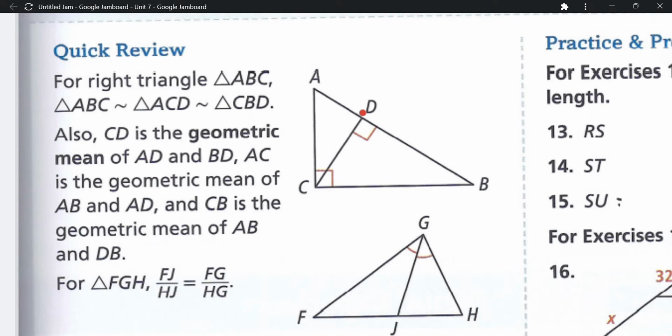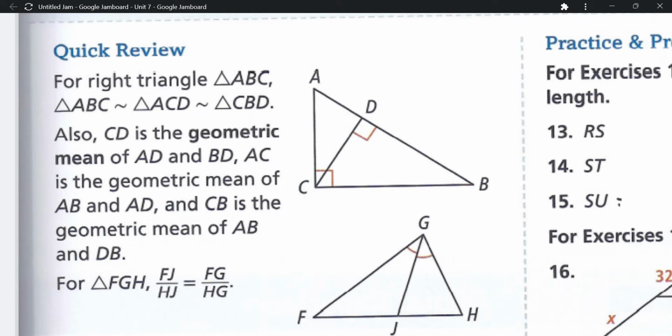For a right triangle ABC, this triangle right here, ABC, this bigger triangle, the biggest one, the two small triangles put together make the biggest one, right? That is similar to the smallest one, the smallest one being ACD, and the medium one, CBD, right there, okay?